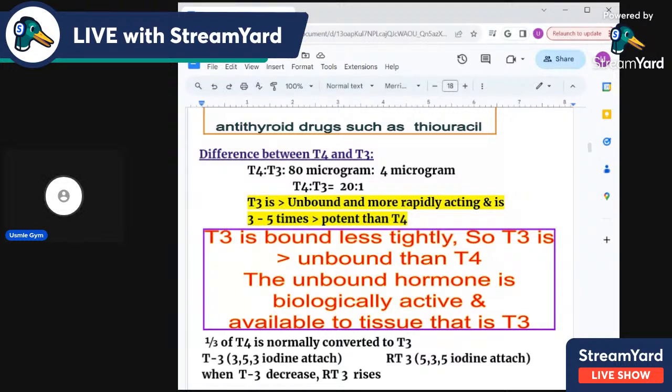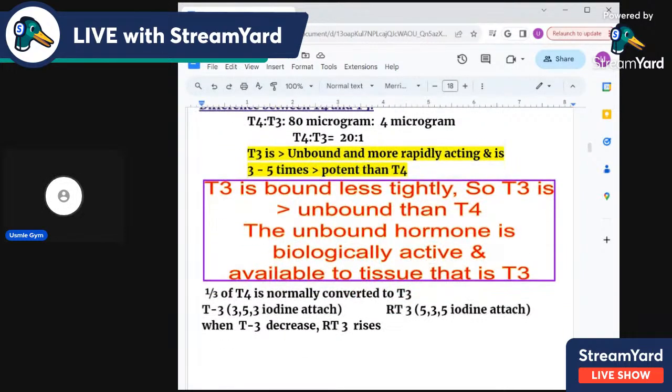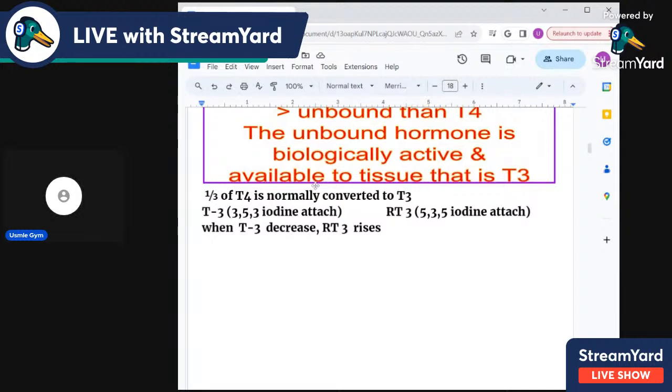T3 is less tightly bound to the proteins, so it is more biologically active than T4. When T3 is needed, T4 is converted to T3 by the deiodinase enzyme. There is deiodination of the T4, so T3 becomes available because one iodine is removed from it.